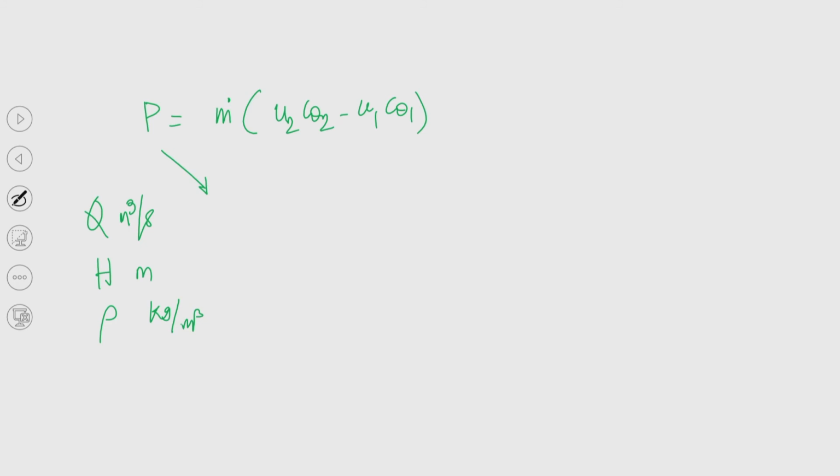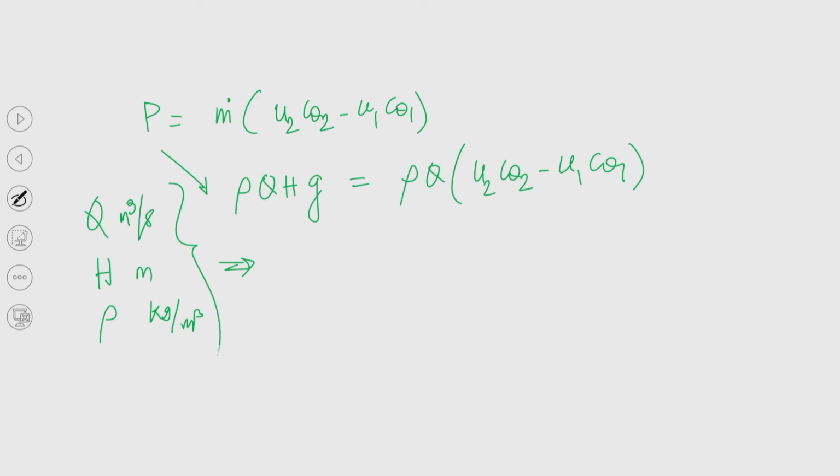Power will be rho Q h into g, and this is nothing but m dot, that is nothing but rho Q, into u 2 c theta 2 minus u 1 c theta 1, right. So, if we write one step further, what can we write?